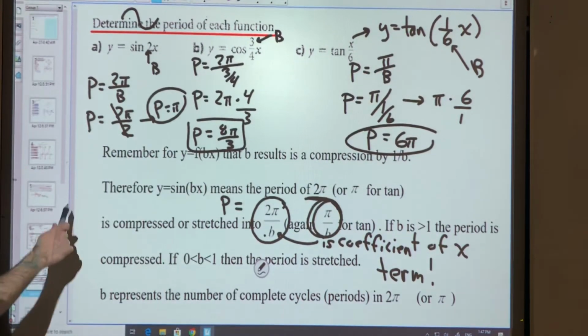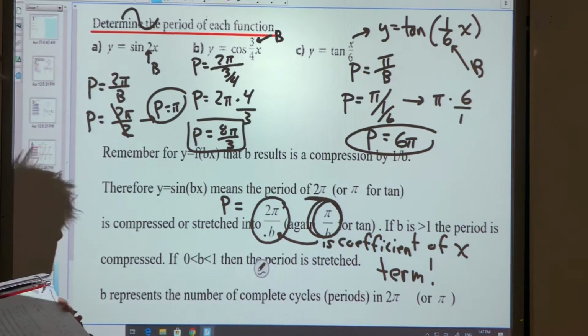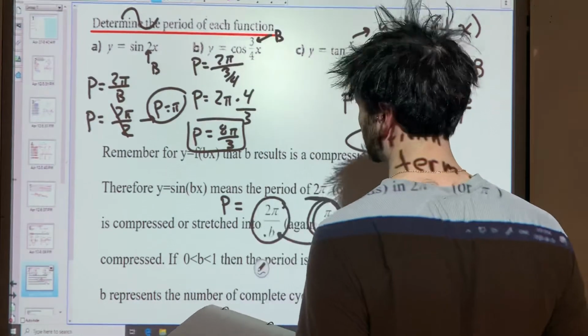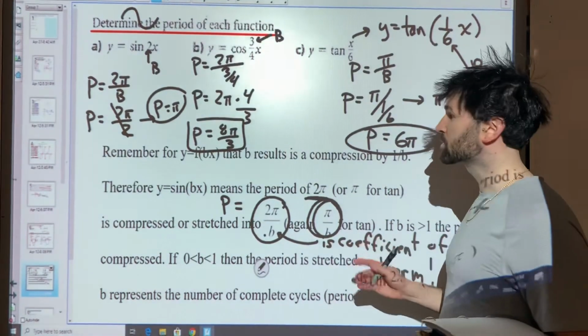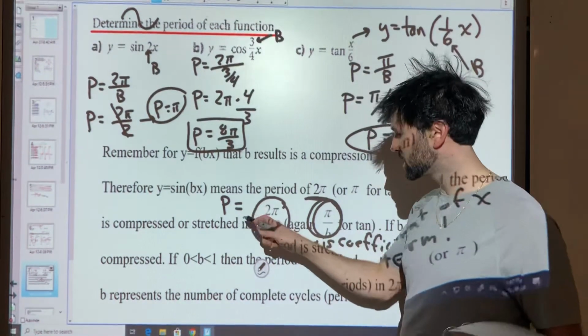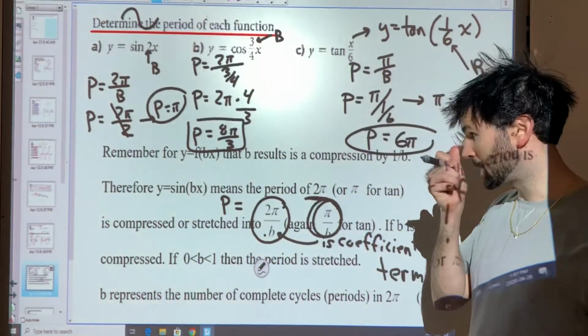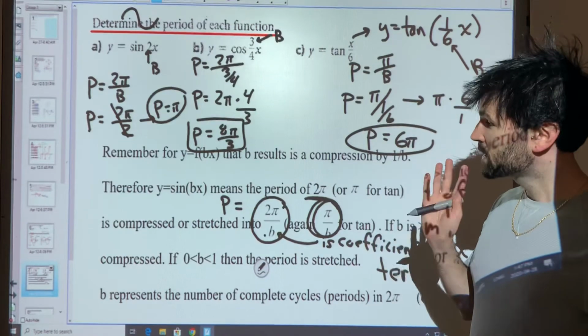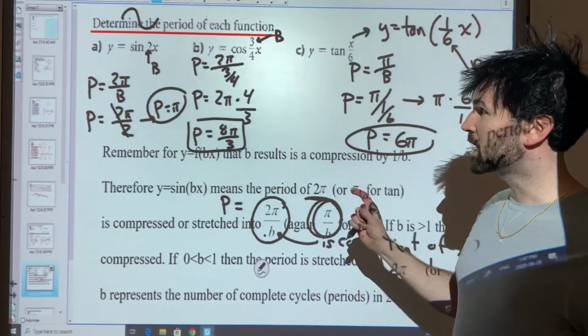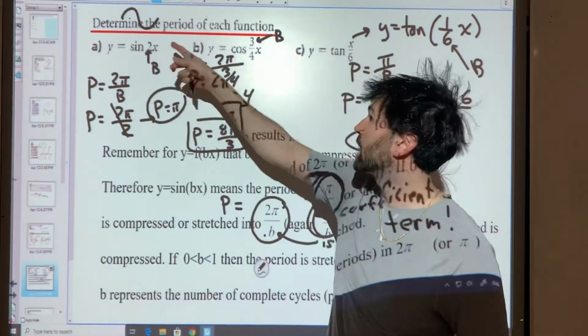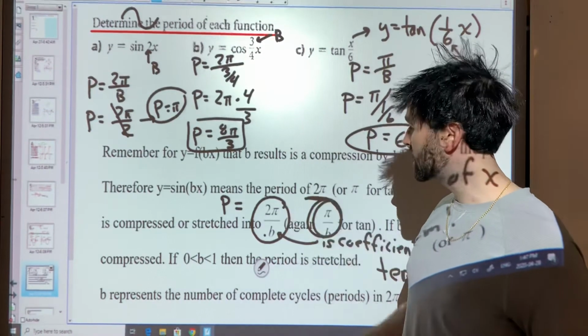Perfect. Now, I want to write something down here. I'm just going to pop over to the computer because it's a bit of typing. It's very important that you know the difference between what the period is and what b is. The period tells you how many units it takes to do one full cycle of sine or cos or whatever the base function is.